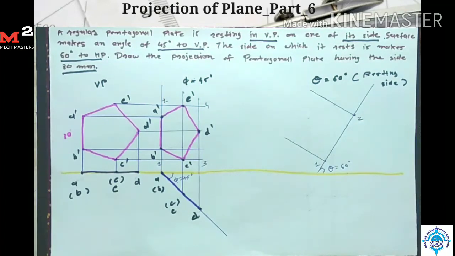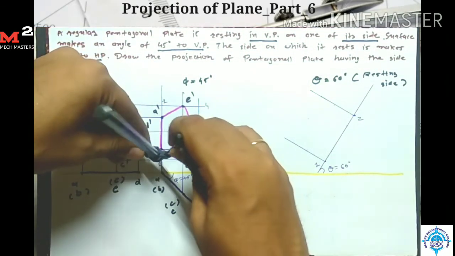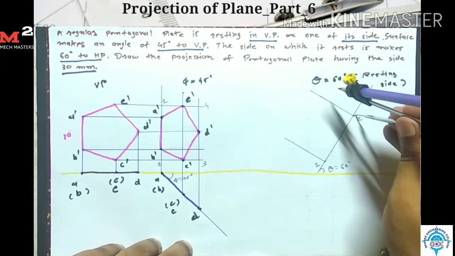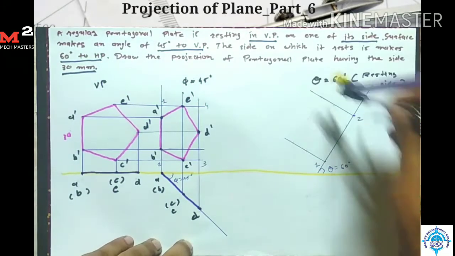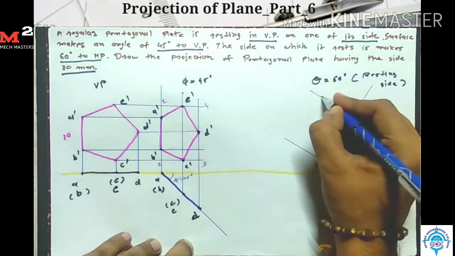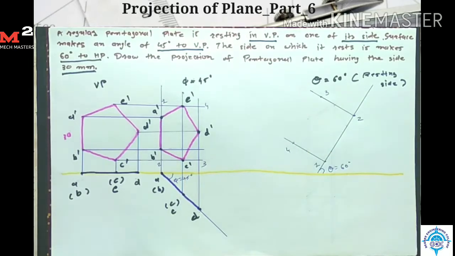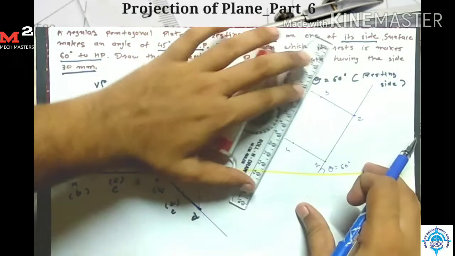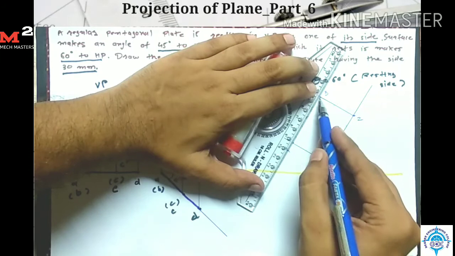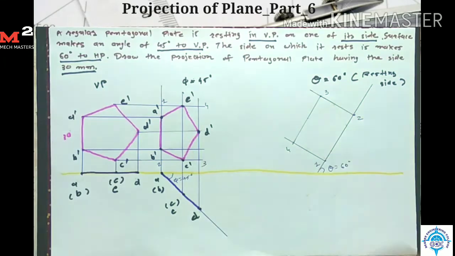Okay, now I measure the distance 3 to 2 and mark the arc from point 2 and from point 1. Okay, so here I get my point 3 and here I get my point 4. Okay, so after joining 3 and 4, I get my rectangle.